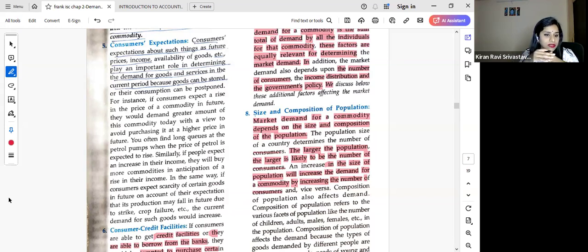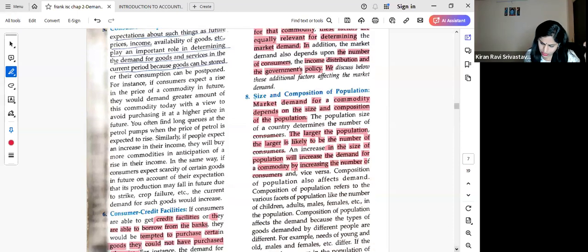Not even 30% is old age. In that 30%, you have children and other groups also, like the group of 35 to 50. That group also is there. So composition of population also affects demand.